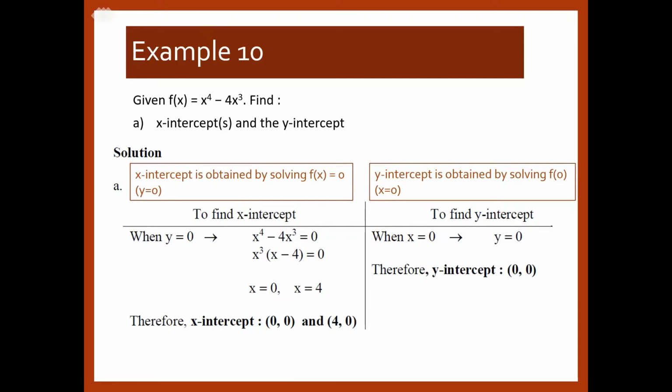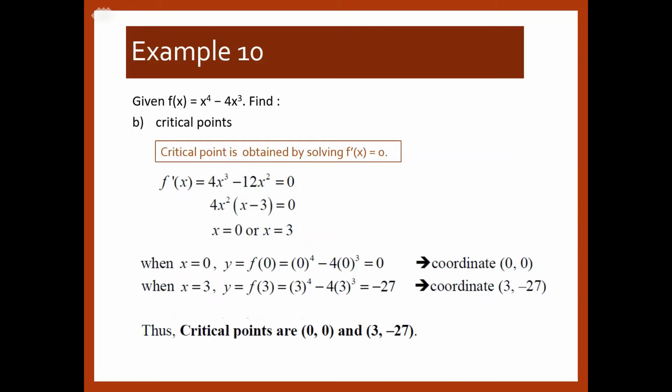Y-intercept is obtained by solving f(0). Here, x is equal to 0. Substitute into the function and simplify, you should get one y-intercept, which is (0, 0). Next is to find the critical points in which you need to solve f'(x) equal to 0.